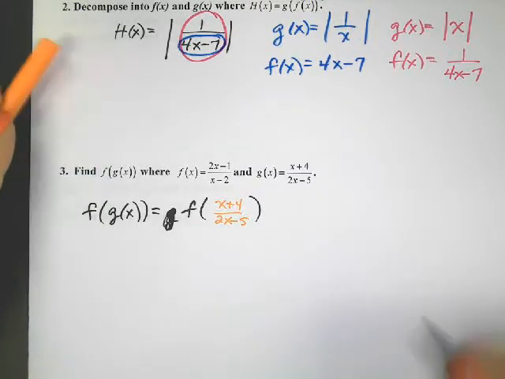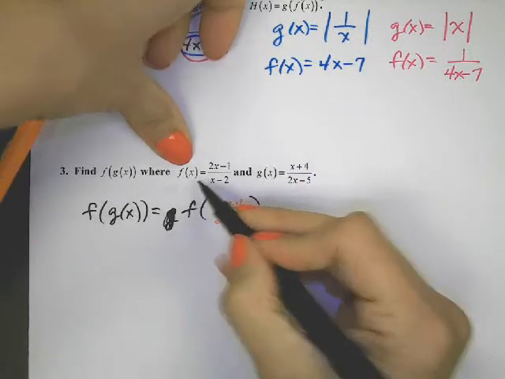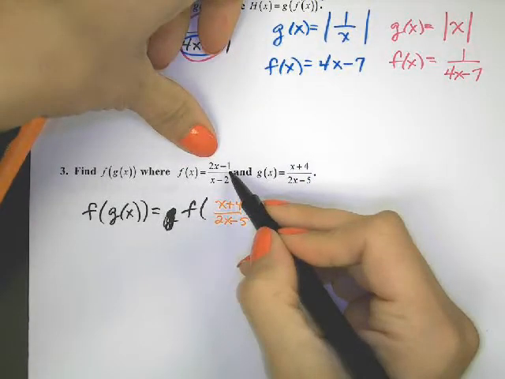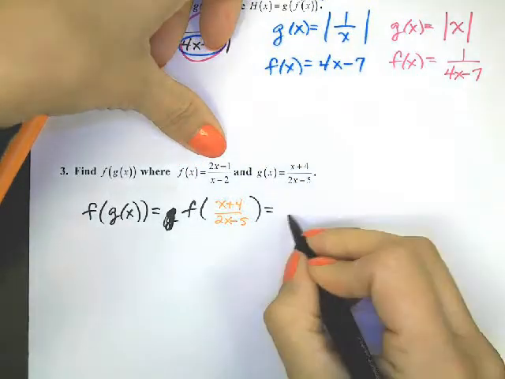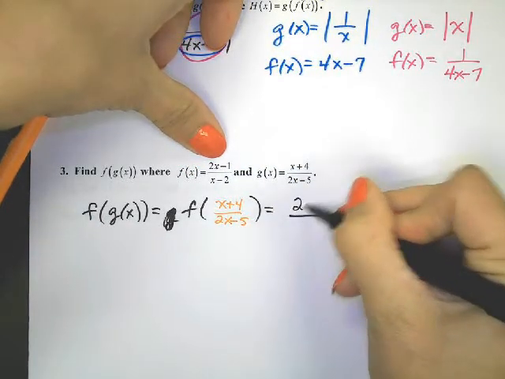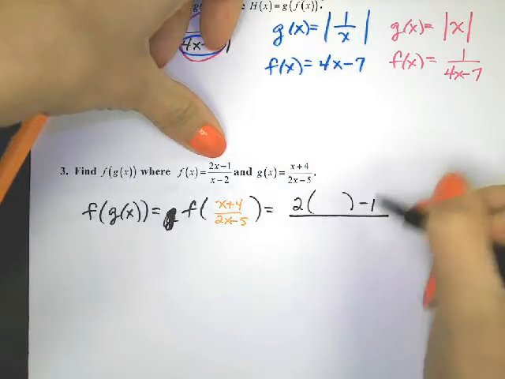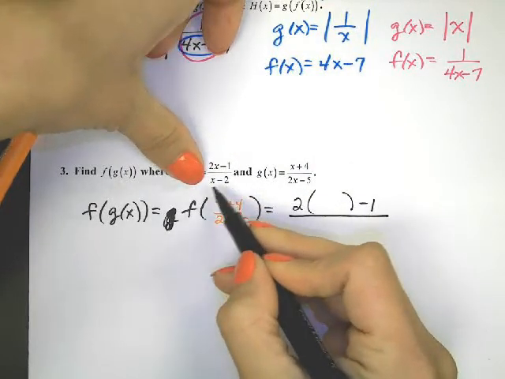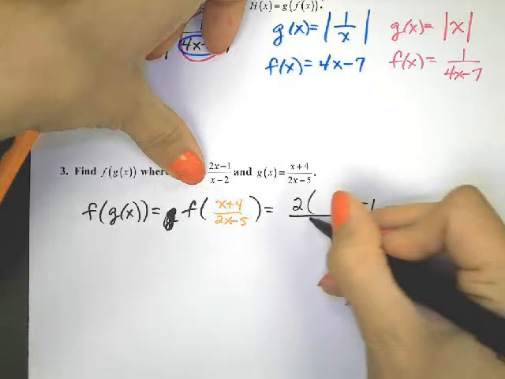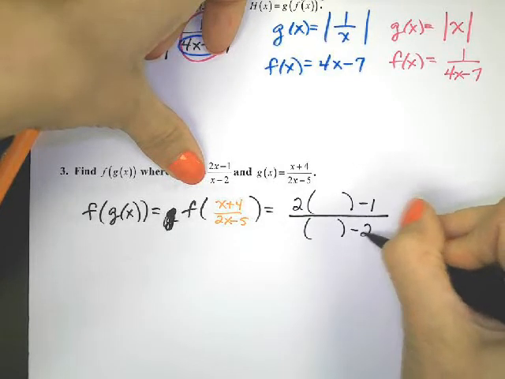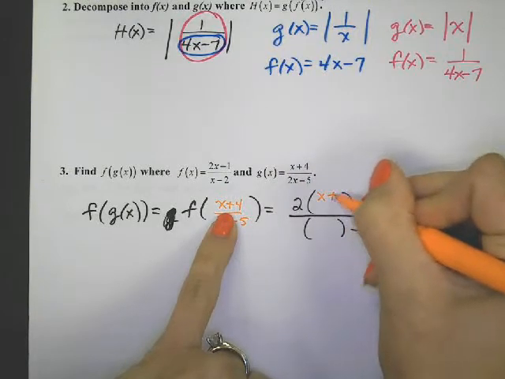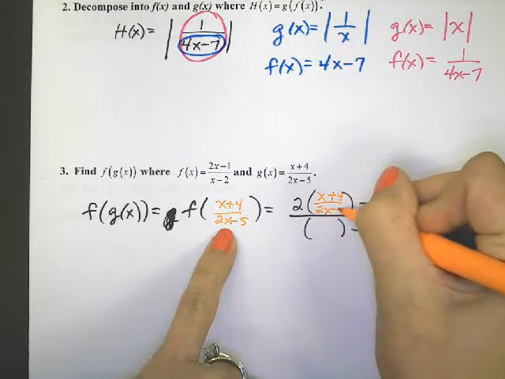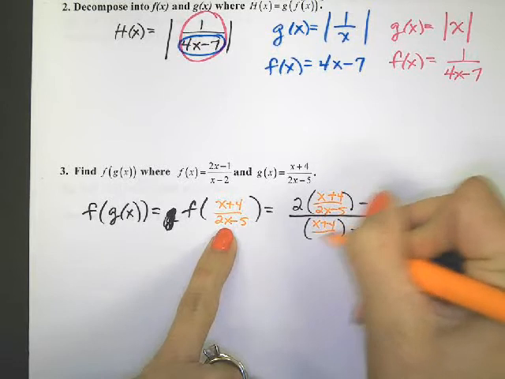Now what does f say? The f function says, wow, huge fraction. He says 2 times input minus 1. Okay, let me get ready for that. 2 times input minus 1. And the denominator has to be input minus 2. Input minus 2. And the input is this fraction, x plus 4 over 2x minus 5.